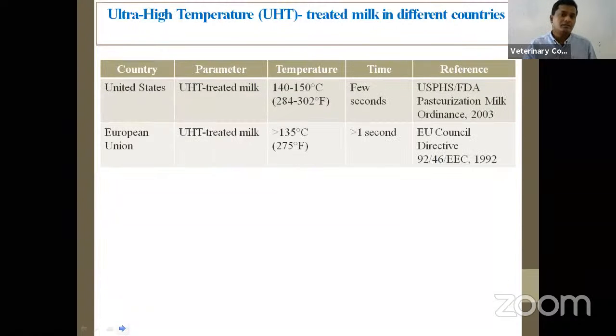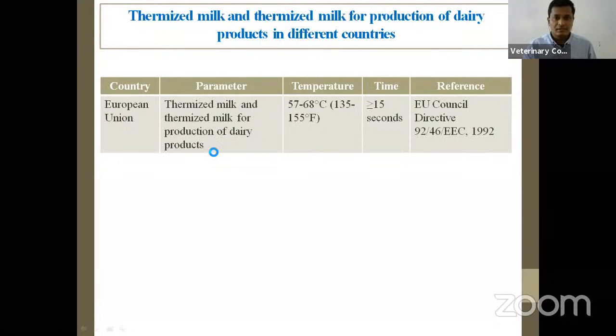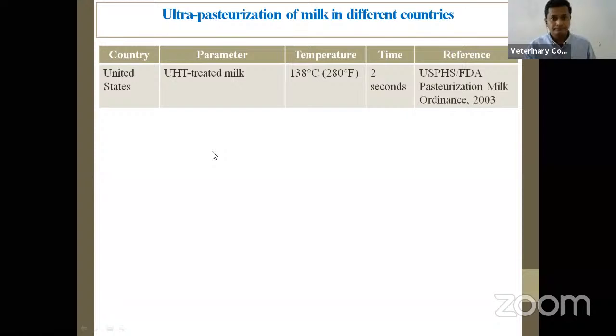For ultra high heat treated milk, in the United States, 140 to 150 degrees centigrade for a few seconds, and in the European Union, more than 135 degrees centigrade for 1 second. This is the specification for ultra pasteurization of the milk.